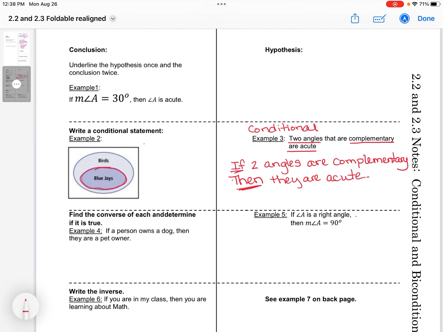The way we would write this is, if it is a blue jay, then it is a bird. So if it fits in the blue jay category, then it fits in the bird category. Okay, so that's conditional.